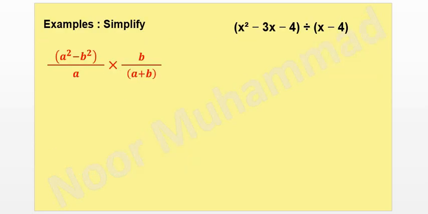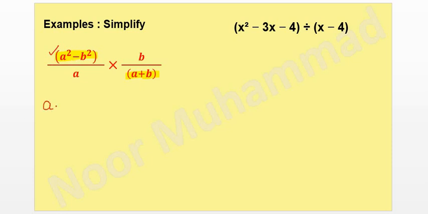If you look at this example right now, I cannot cancel any of the factors. This factor a cannot be cancelled with any of the other factors, and similarly, when I look at this one, a squared minus b squared and a plus b, I cannot cancel any of it. But if I factorize this numerator, how can it be factorized? It can be factorized using the formula, right?